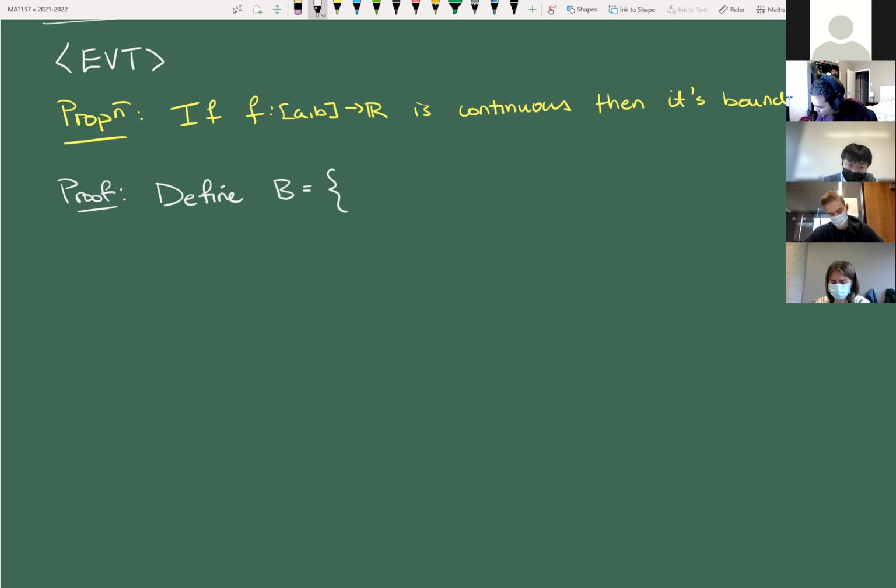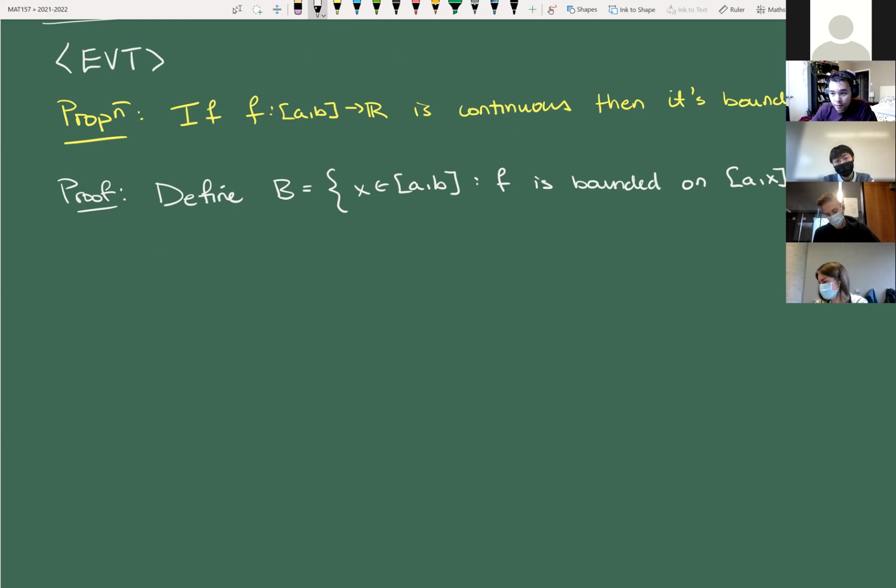So define B to be the collection of x such that f is bounded on the interval [A, x]. Okay, again, we're going to do our usual thing. We're going to say this is non-empty and it's bounded from above by little b, right?